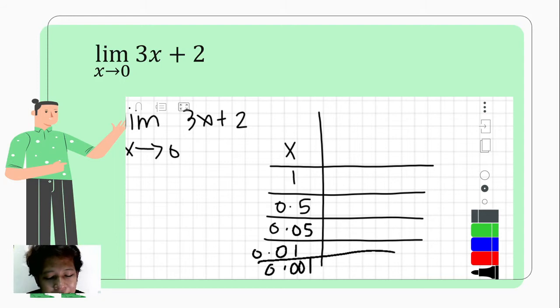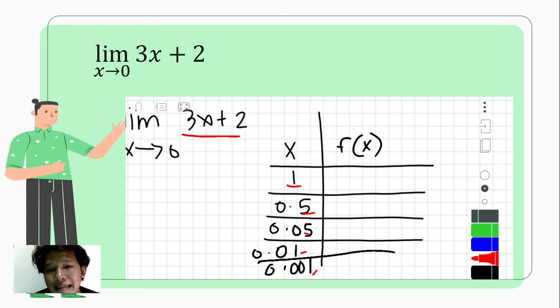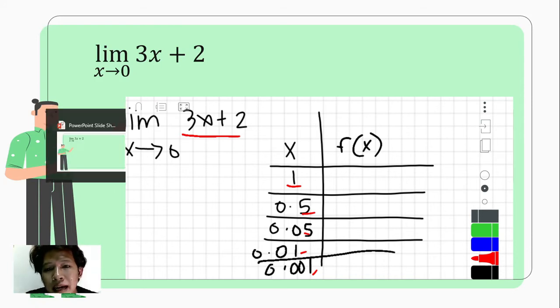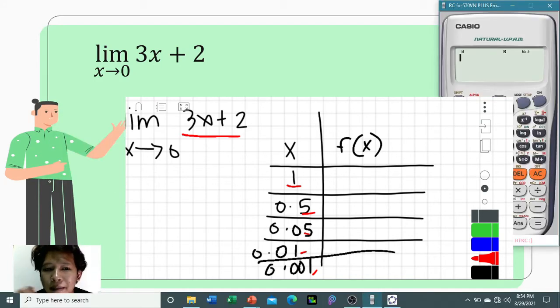So, dun sa counter side ng ating value ng x, we would have the value of the function, to which ang gagawin natin is we are just going to substitute these values to our function, which is 3x plus 2. So, in this case, we may use our calculator para ma-check natin or para maging sure tayo dun sa sagot.